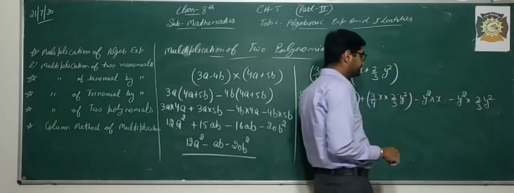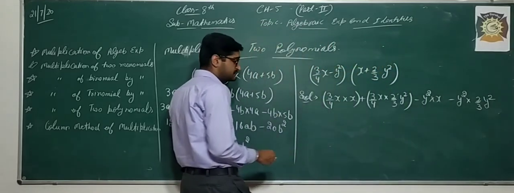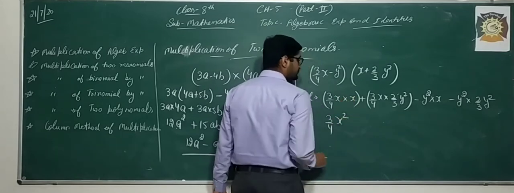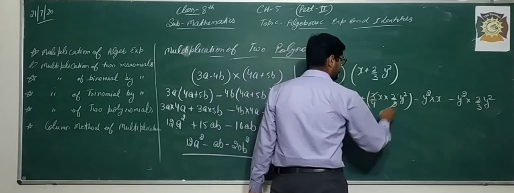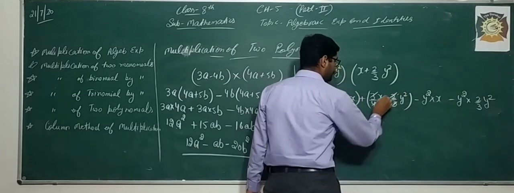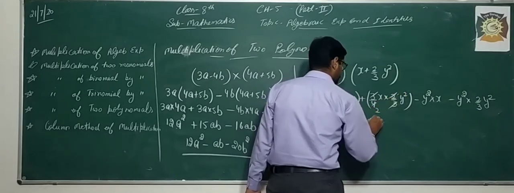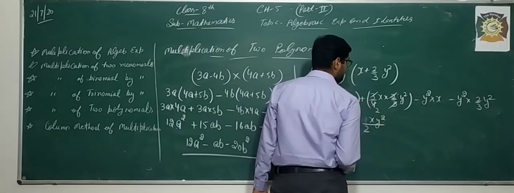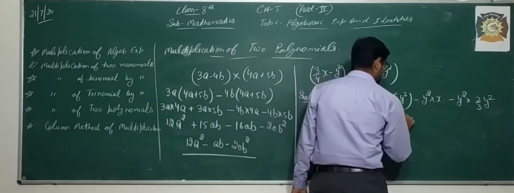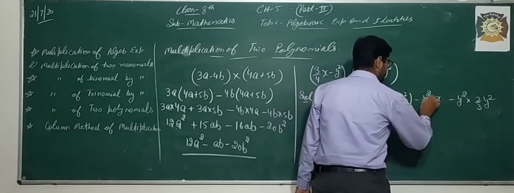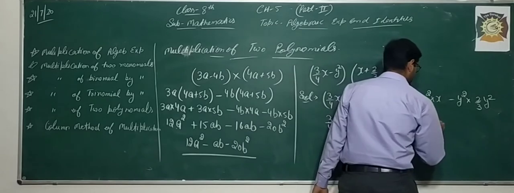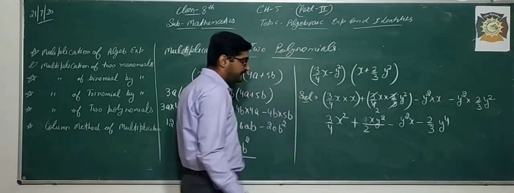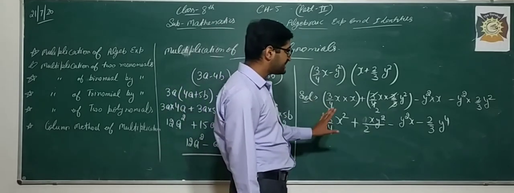Is it clear? So when we multiply these terms, this will be 3 by 4 x square plus, 3 cancels with 3 and this by 2, so this is 1 by 2 xy square, or we can write it as xy square by 2, minus y square x, and minus 2 by 3 y power 4. Here all are unlike terms, as you can see.